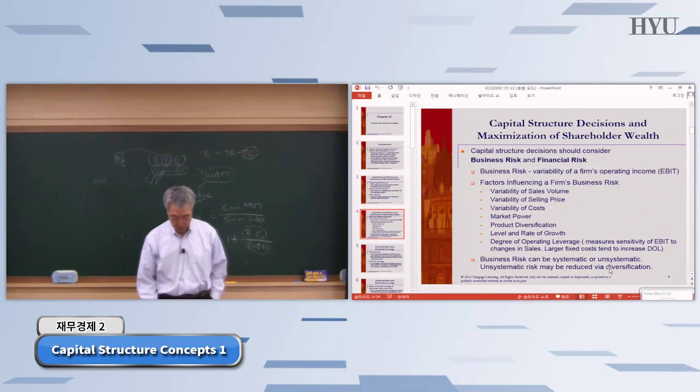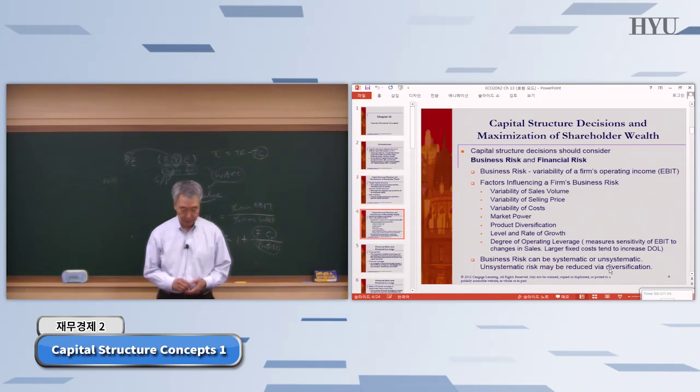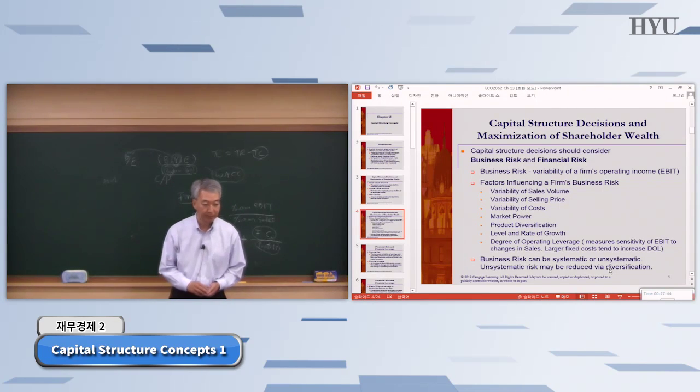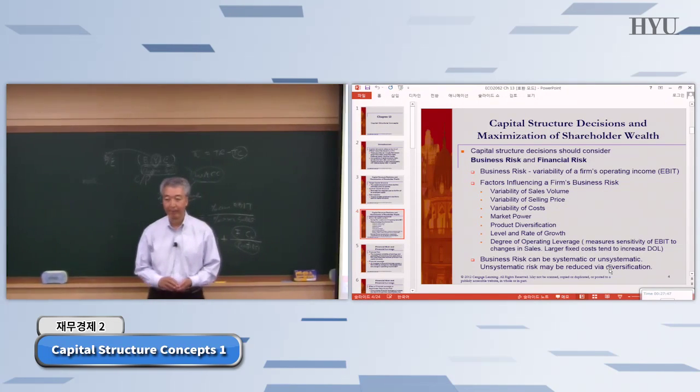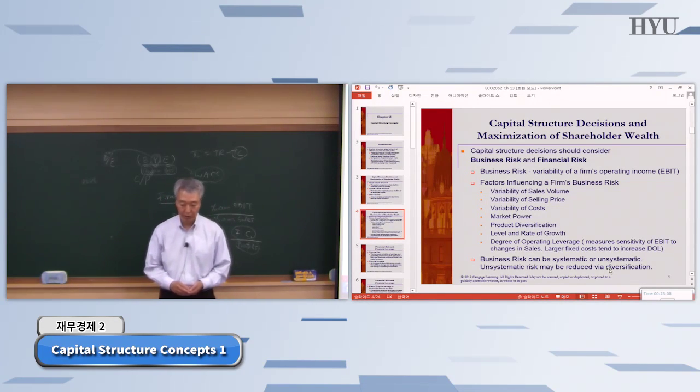All right, so business risk can be systematic or unsystematic. Unsystematic risk can be reduced by diversification. What's the difference between systematic and unsystematic risk? Well, what's the definition? Market risk, yes, it is related to the market.